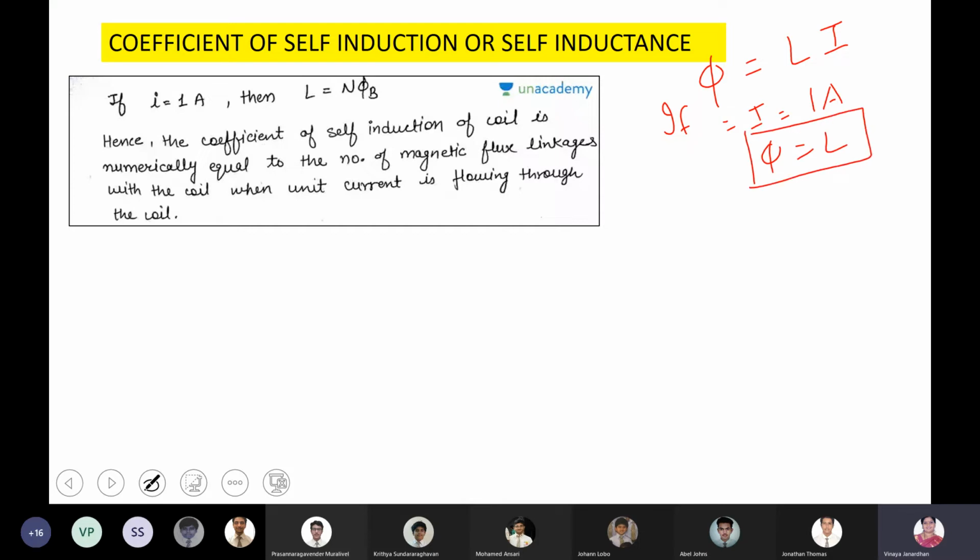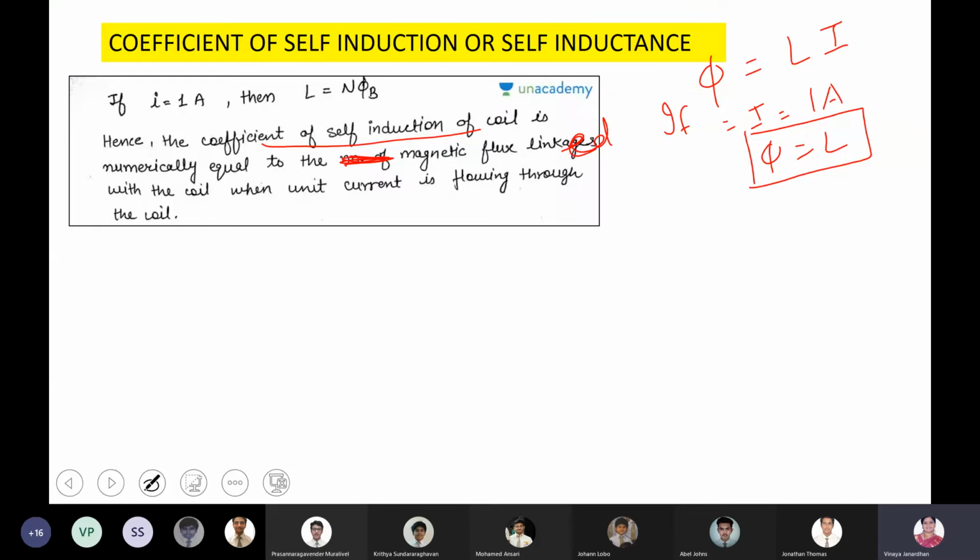L is numerically equal to the magnetic flux passing through the coil when a current of 1 ampere passes through the coil. So hence the coefficient of self-induction of a coil is numerically equal to the magnetic flux linked with the coil when unit current is flowing through the coil.